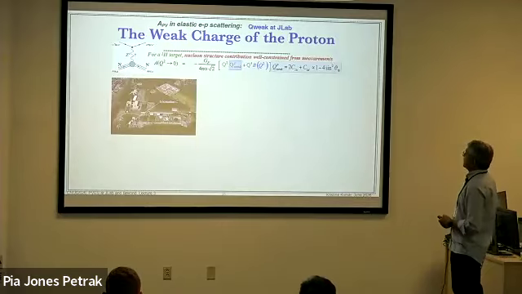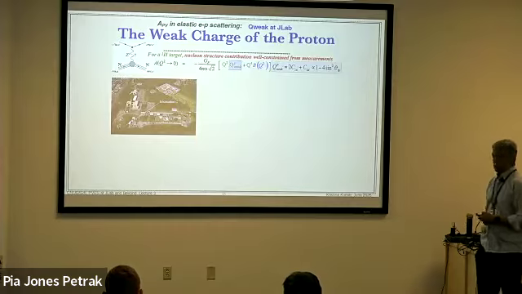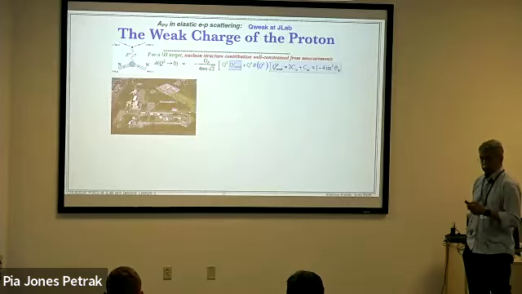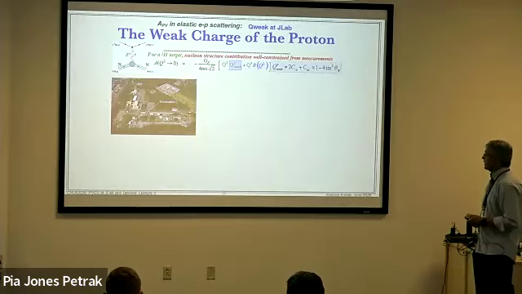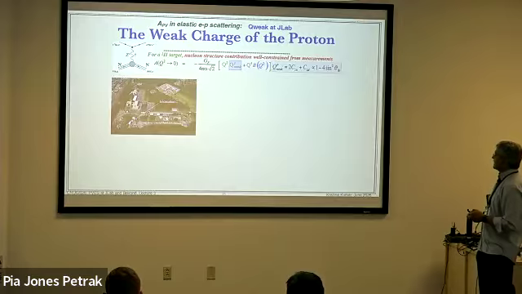Okay, so past JLab experiments: Q weak, the weak charge of the proton. This was a big endeavor here from roughly the mid-2000s to mid-2010s. This was in Hall C. So elastic scattering at very low Q squared can be written in this form. This is the standard model piece, Q squared times the weak charge of the proton. And then there is a structure piece.